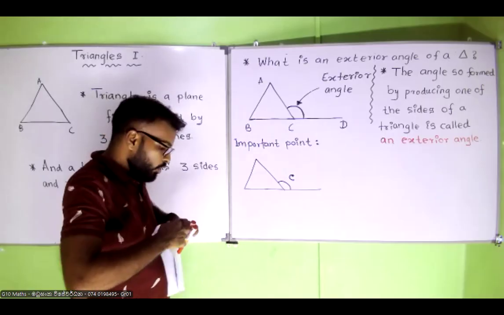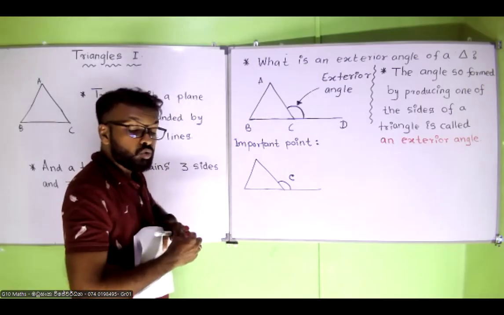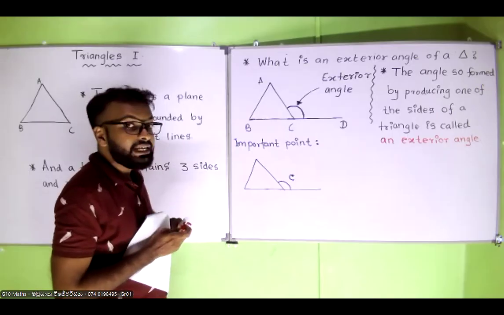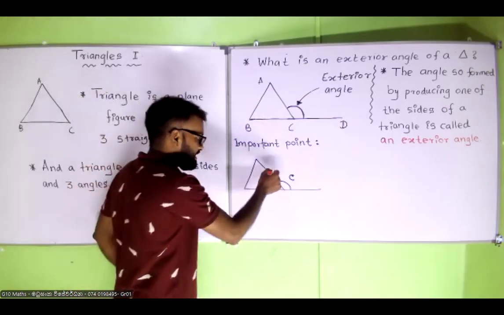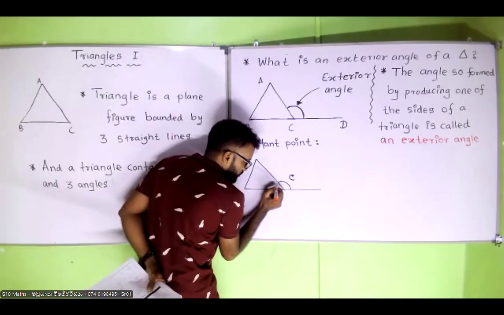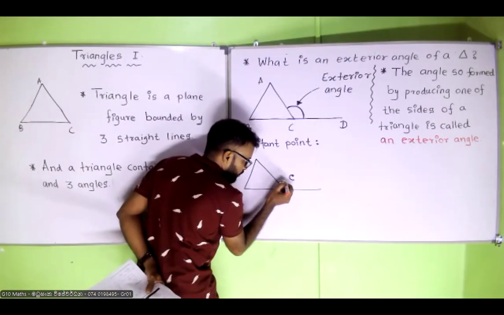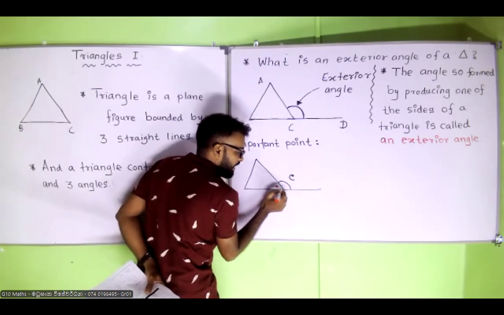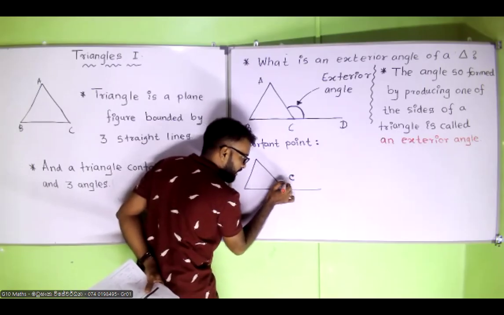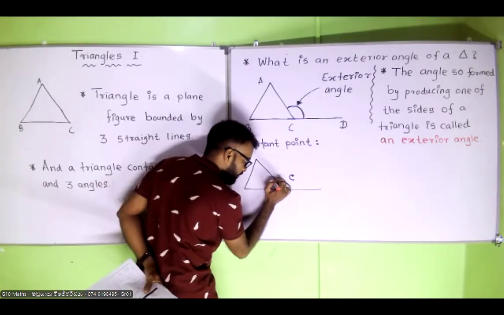Then I am going to mark my two opposite interior angles for this exterior angle. So this is one of the interior angles which is relevant to my opposite exterior angle.